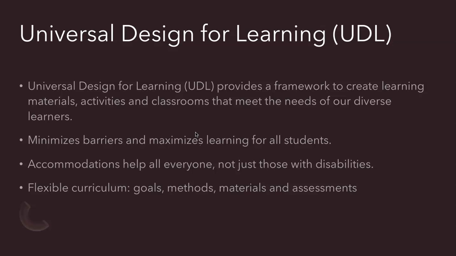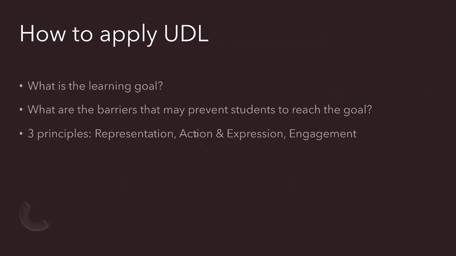So we need to identify the goals of the course, think about the methods that we use to meet the goals, and the materials and the assessments that we use to evaluate them. So how do you apply it? Basically, you need to start out with your learning goals or your competencies, and then consider all the barriers that are potentially present that might prevent students from reaching the goal.